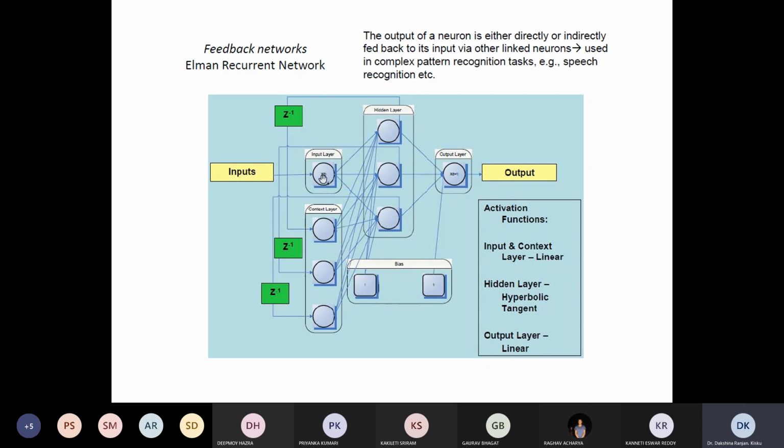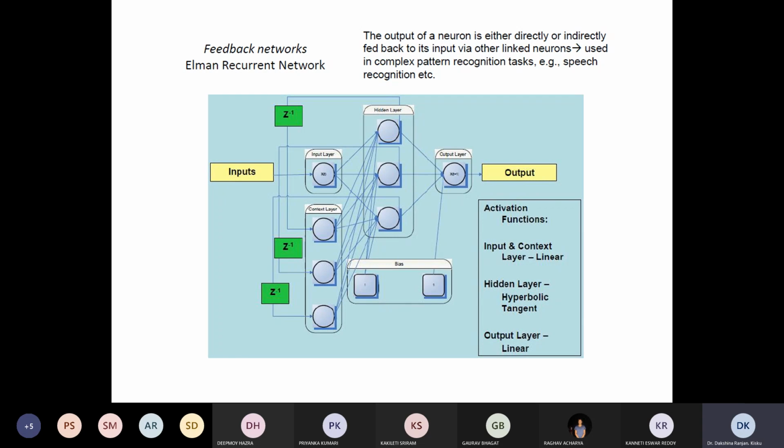That means when we consider the neurons in the input layer and the connections between the input layer and the hidden layer, these connections generate the directed cyclic graph, or directed cycle. That is why this is called the feedback network. And the output of a neuron is either directly or indirectly fed back to its input via other linked neurons.